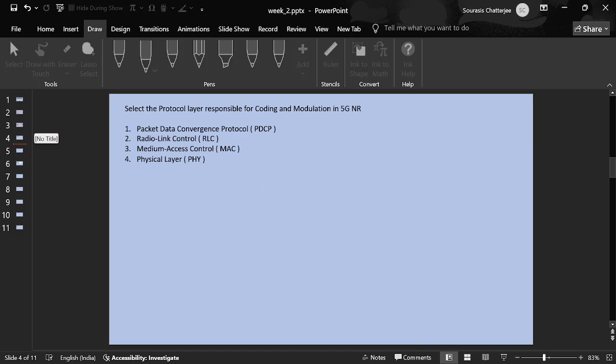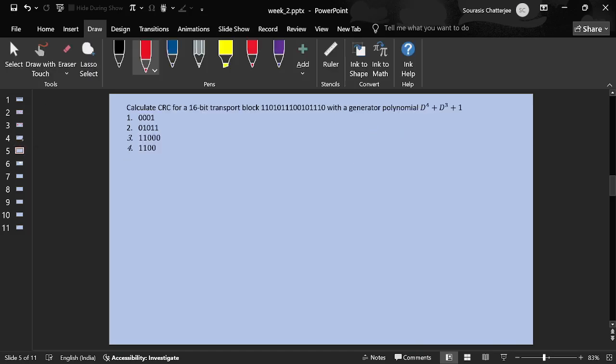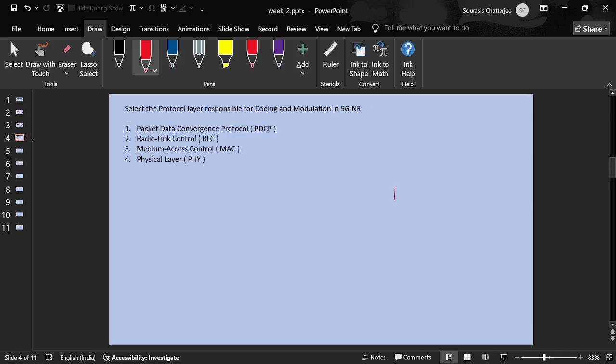So after this, let me draw this thing. We have the PHY layer at the lowest segment, and we have the MAC layer, right?